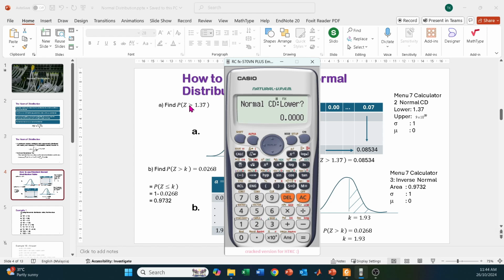Greater than 1.37 means the lower value is 1.37, and the upper will be a very big number, let's say 9 times 10 to the power of 99. Since Z is a standard normal distribution, sigma will be 1 and the mean will be 0.